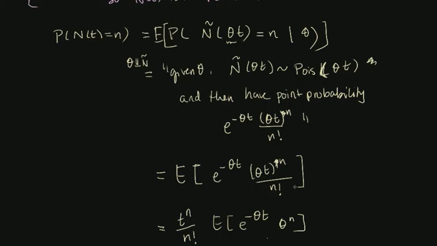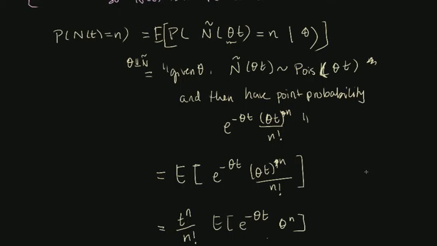And I will have to calculate this thing if I want to know more about the distribution of N(t). And the value of this expectation depends on the distribution of theta. So I can't really go further without knowing the distribution of theta.